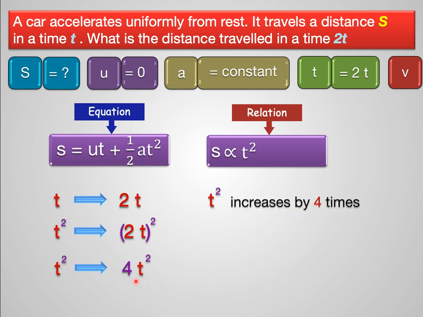That's what you understood from this statement. So if t square, that's the right hand side, increased by 4 times, the left hand side should also increase by 4 times. Means the distance will be now 4 times greater than the first distance. The new distance will be 4 times s.